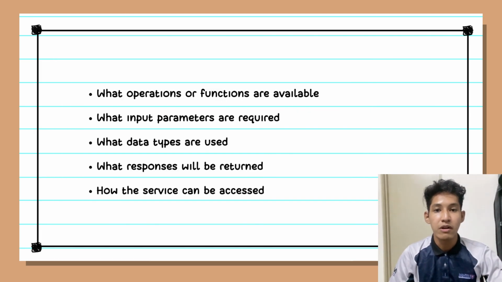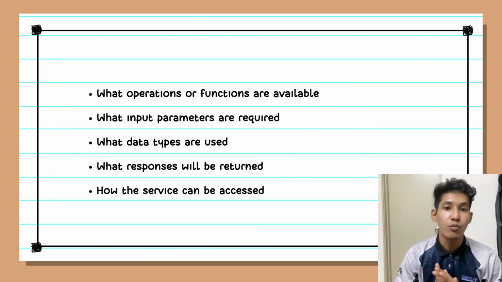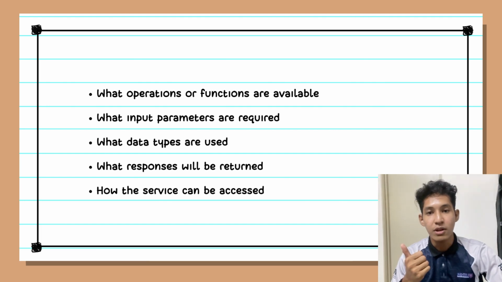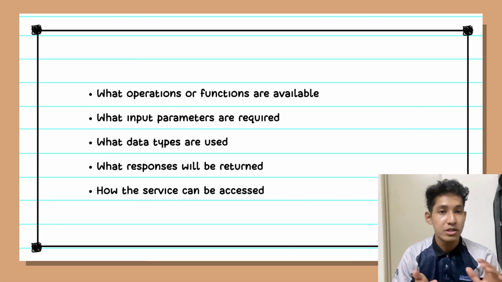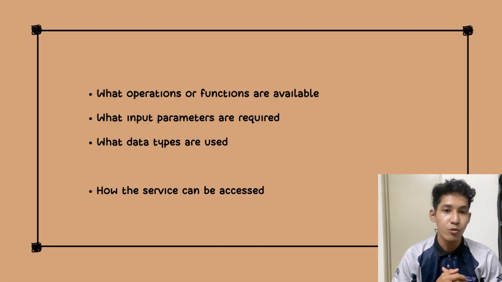The WSDL file describes everything the client needs to know before communicating with the web service. It tells the client what operations or functions are available, what input parameters are required, what data types are used, what response will be returned, and how the service can be accessed. Without WSDL, the client would not know how to interact correctly with the web service.